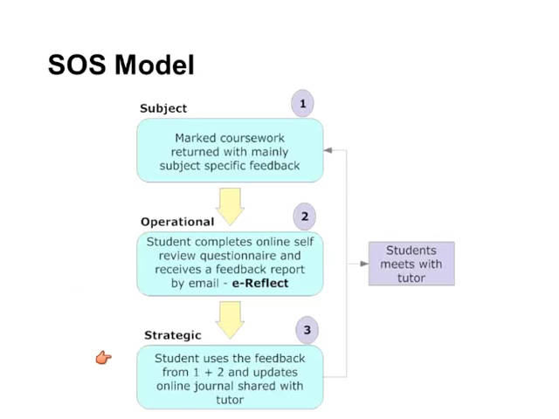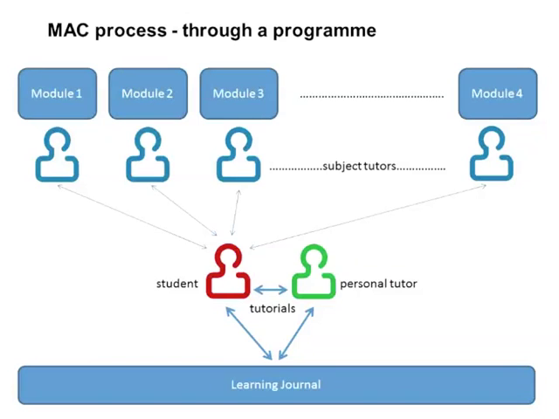And then the strategic feedback is much more linked into the learning journal and personal tutorial system, where the student uses the feedback from the subject and operational side and then updates their online journal, which is shared with the tutor and acts as the foil against which the student and tutor have a discussion.